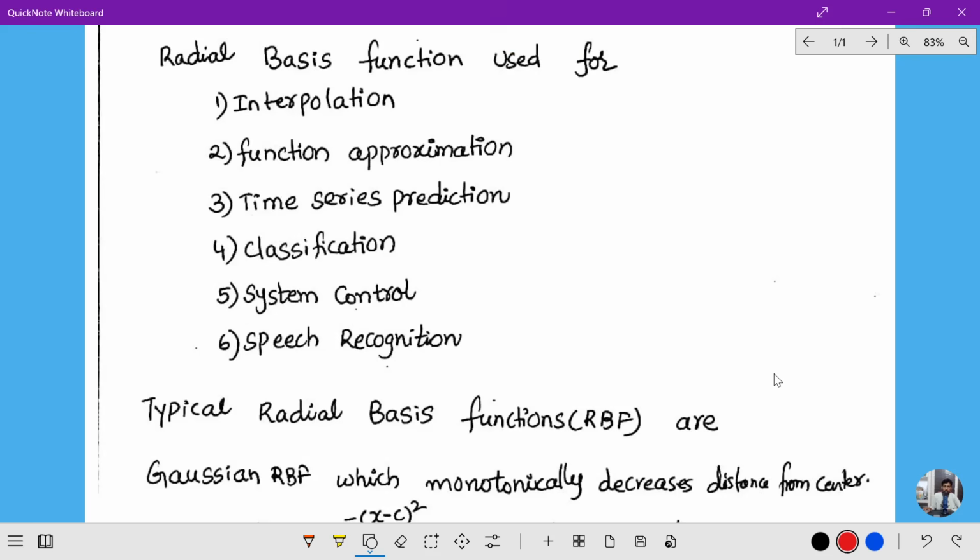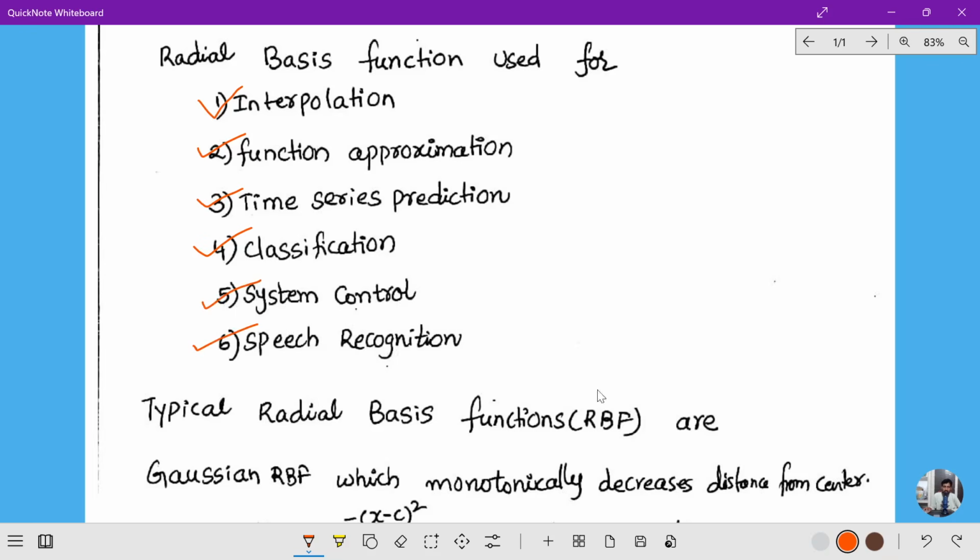Now we'll see the uses of the radial basis function. Remember all of you, this is one of the most important slides. Radial basis function is used for interpolation. Second is function approximation, third is time series prediction, fourth is classification, fifth is system control, and the last one is speech recognition.